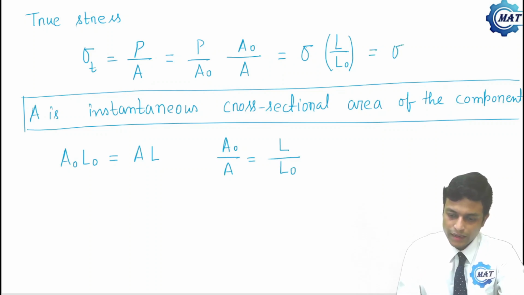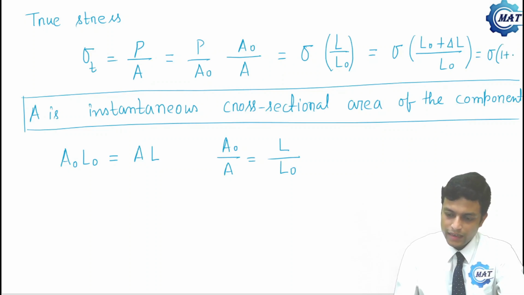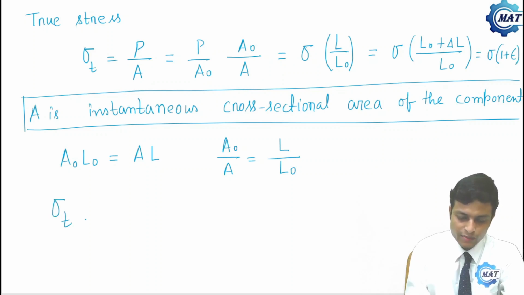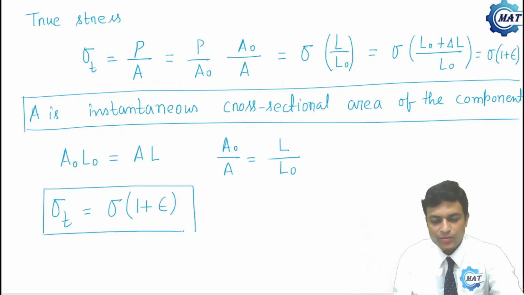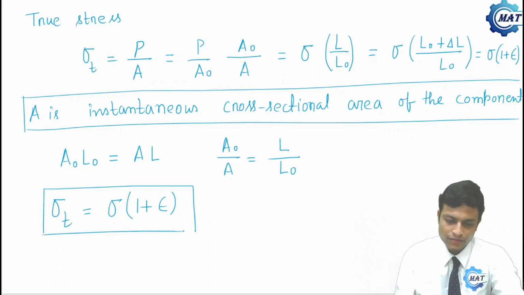We can write sigma times (L0 plus delta L) by L0, that is sigma times (1 plus delta L by L0), and delta L by L0 is the engineering strain. So the expression of true stress is engineering stress into (1 plus engineering strain).